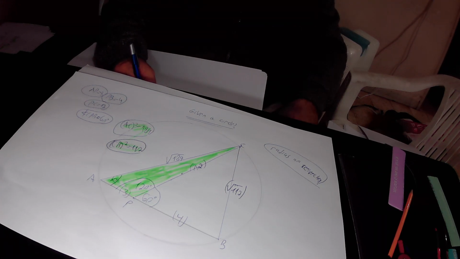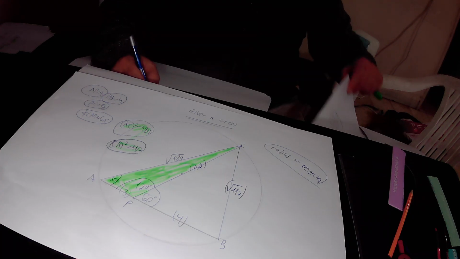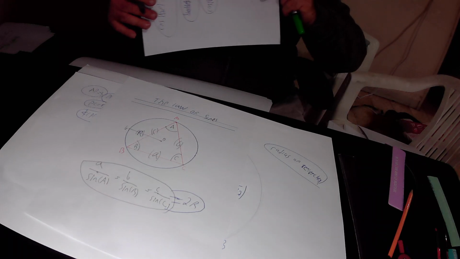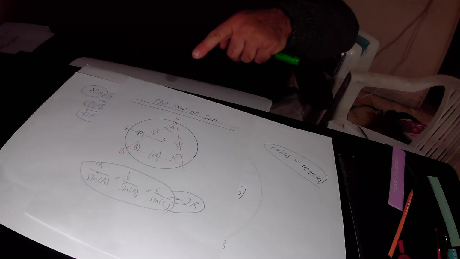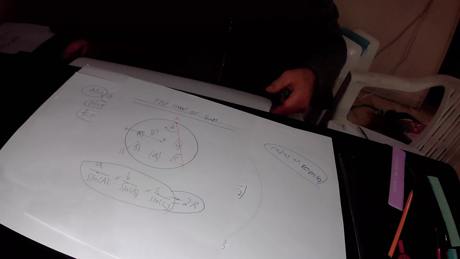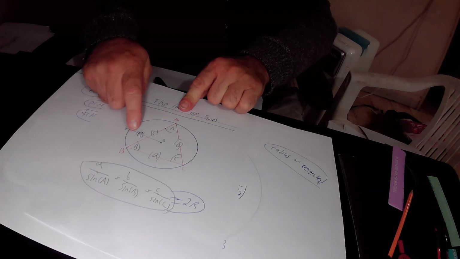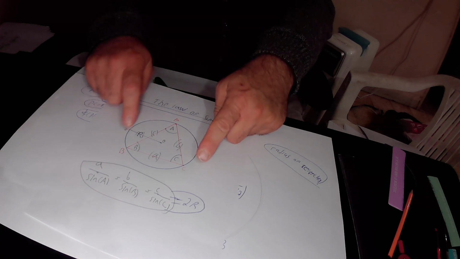Let's repeat quickly the law of sines. Actually, the law of sines is true in any triangle. So this is triangle ABC that could be any triangle. The length of side AB is c units. Side AC equals b units. Side BC equals a units.